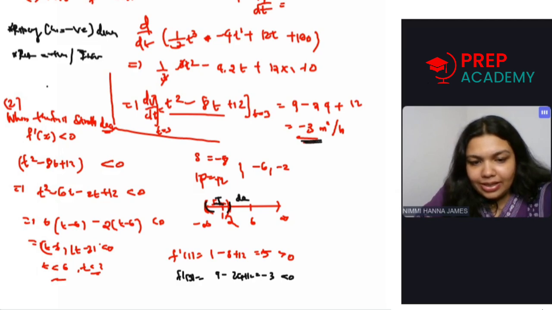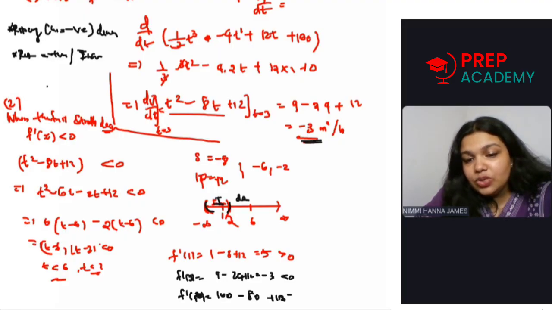Now let's check after 6. We can take 7, or 8, or anything. Let me take 10. So 10 square is 100, minus 8 into 10 is 80, plus 12. 100 minus 80 is 20, 20 plus 12 is 32.